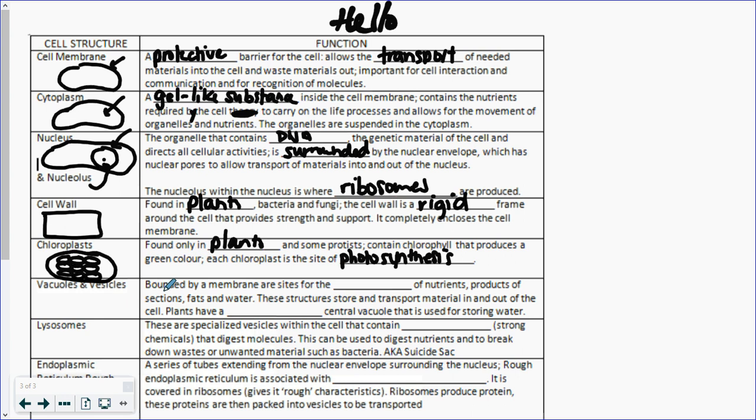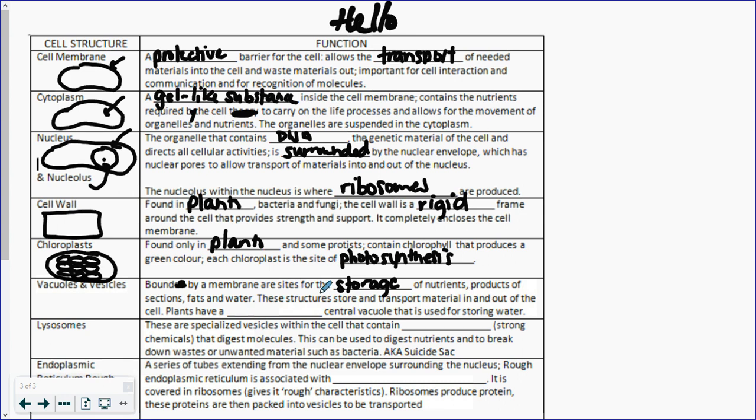So vacuoles and vesicles. Vesicles and vacuoles are bound by a membrane, and they are the sites for the storage of nutrients, as well as the products of secretion, fats, and water.